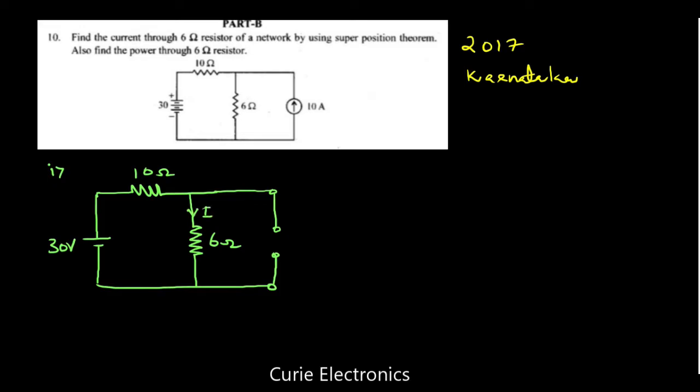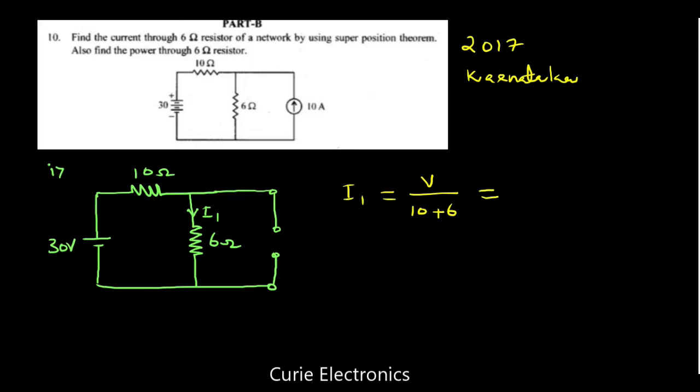Let us take it as I1. I1 we have to find. It is very easy to find. We have to apply Ohm's law. See, now this is a series circuit. So we apply Ohm's law here. I1 equals V upon the sum of the two resistors, that is 10 plus 6 ohm.